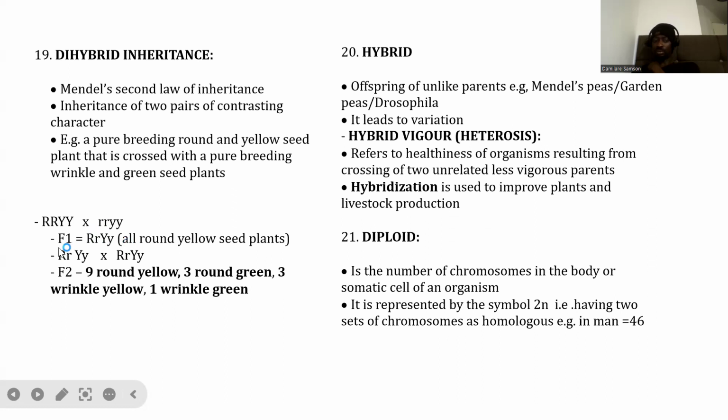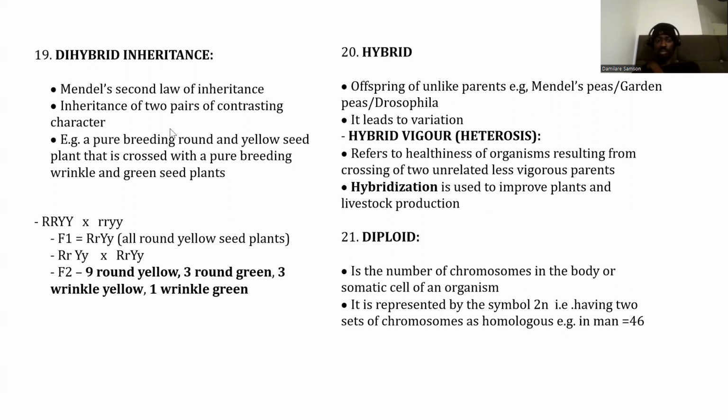After the crossing, you have the F1. Now at F2, remember, F2 is always a cross between two offspring from the F1 generation. It's going to give four of this. I still have the cross at the other part of the slide, so when we get there, I will explain fully.